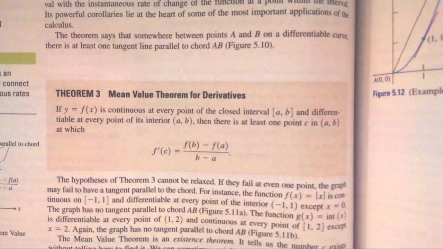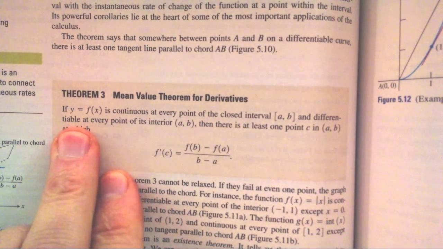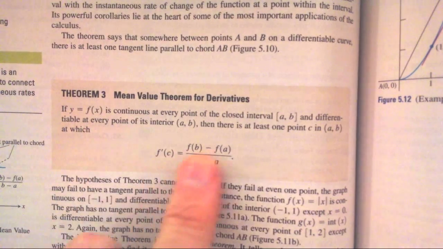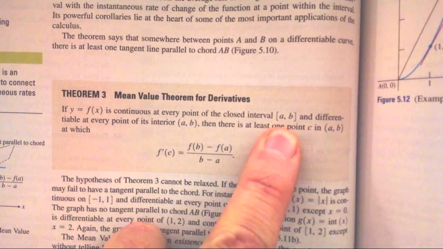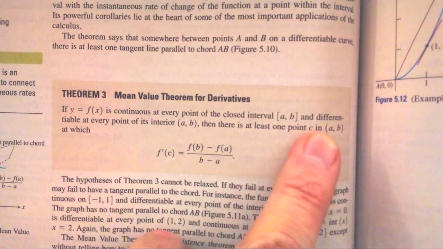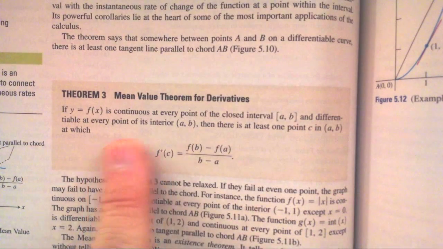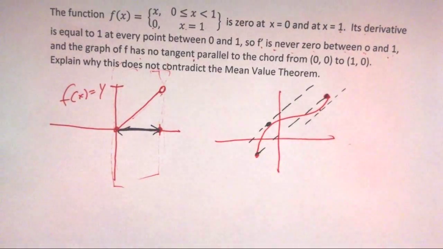Mean value theorem for derivatives. If y equals f of x is continuous at every point of a closed interval [a, b], and we've got that, our closed interval was 0 to 1, and differentiable, we got some of that, by the way, at every point on the interior of [a, b], inside of (a, b). Now, inside of (a, b), I get it.